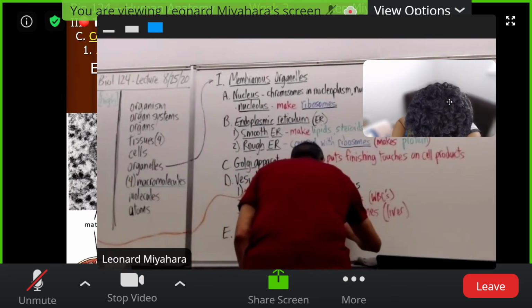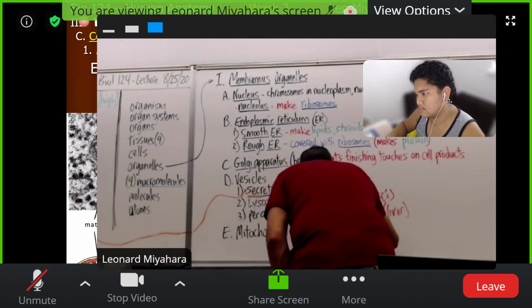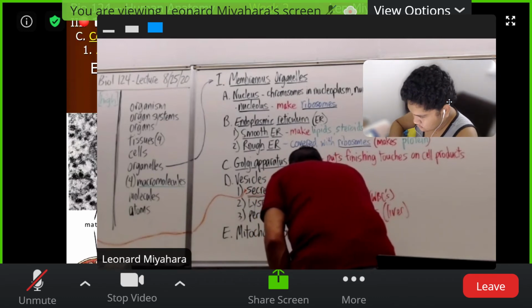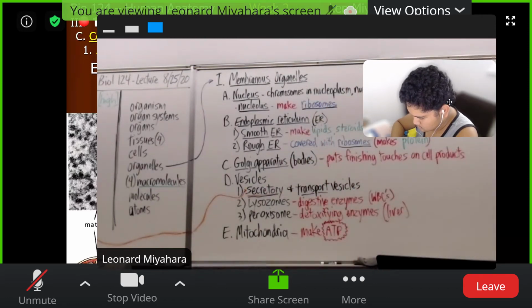This is the organelle that converts food molecules to, and what it does is it puts the last phosphate group on ADP, making it ATP. Okay, we'll elaborate on this a little bit more later.